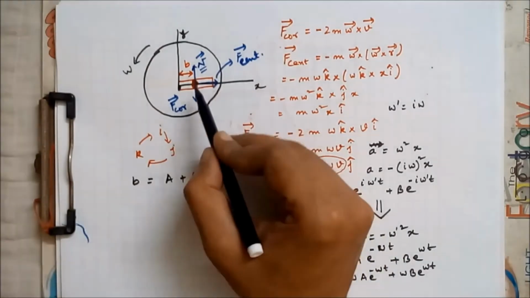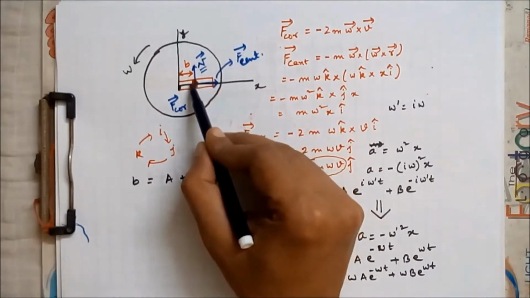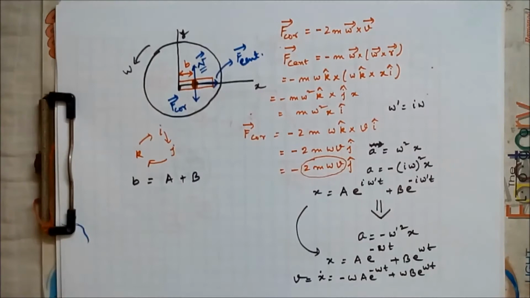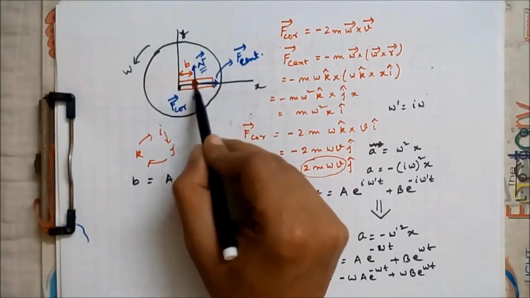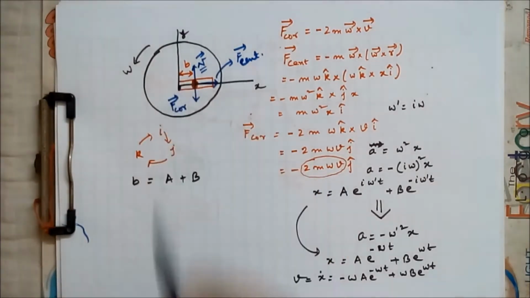Okay, in the problem they have said that the particle has been put lightly on the groove at the initial moment at time t equals 0. So we can assume that at time t equals 0, the velocity is 0.